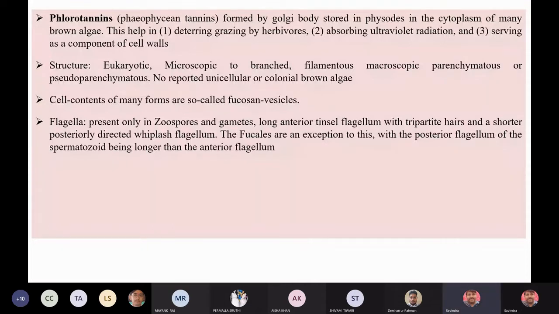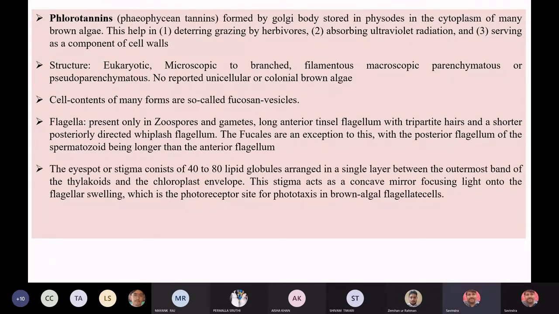The most complex flagella you can see, you will find in Phaeophyceae. Whereas the Fucales are an exception, which we will discuss tomorrow, with the posterior flagellum of the spermatozoids being longer than the anterior. Otherwise, whether it's Ectocarpus, Laminariales, or all other orders, it is vice versa.